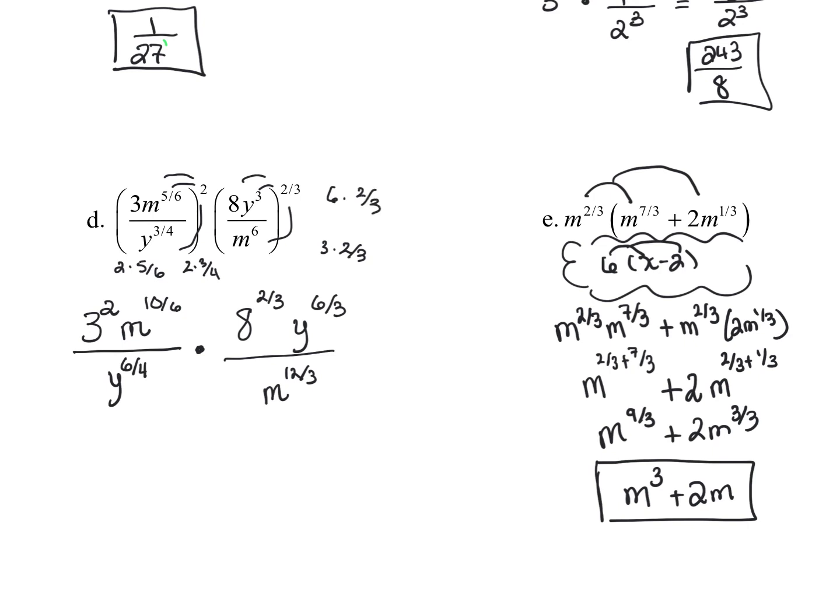Okay, let's clean some stuff up. So piece by piece. This right here is a 9. This right here really simplifies by 2, so 5/3.